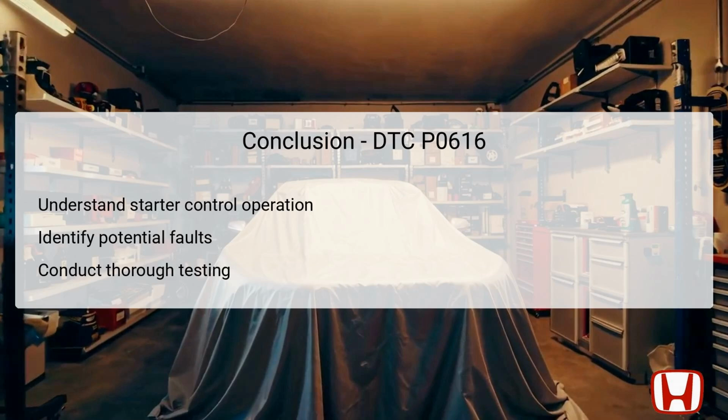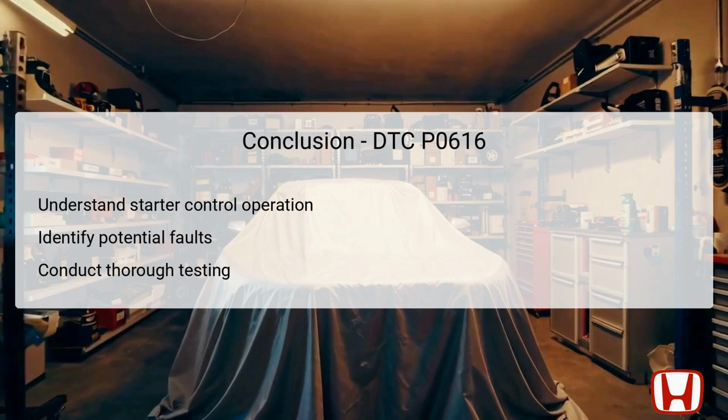In conclusion, resolving DTC P0616 involves understanding the starter control system's intricate workings and effectively identifying any faults within its components. Each step, from inspecting starter cut relays to verifying the PCM's function, plays a crucial role in diagnosing the problem accurately. The systematic approach outlined allows technicians to analyze symptoms and troubleshoot effectively, ultimately ensuring the vehicle's reliability when starting.